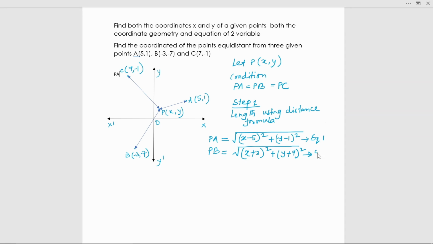This is equation 2. And I have to find PC, which is equal to square root of (x minus 7) square, this is C, plus (y minus of minus 1) square, minus of minus 1 is plus 1, (y plus 1) square. So this will be my equation 3.